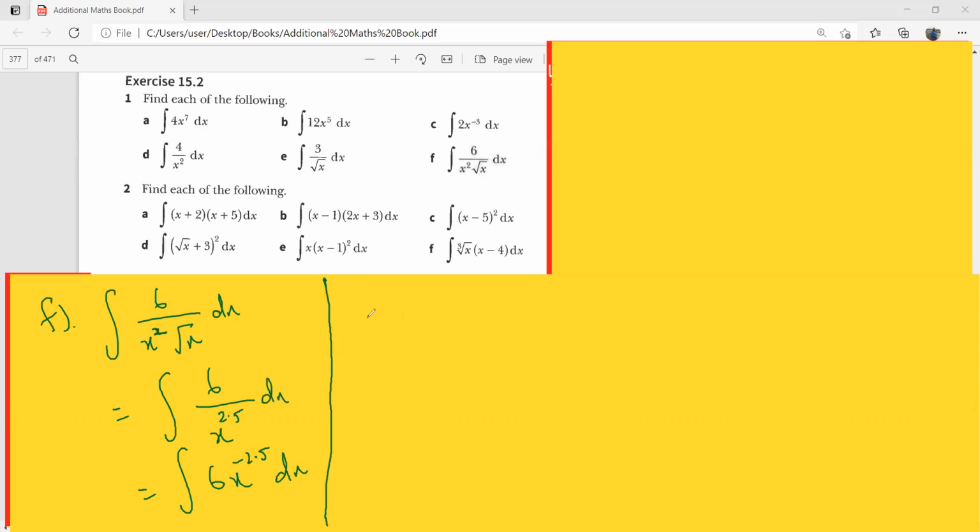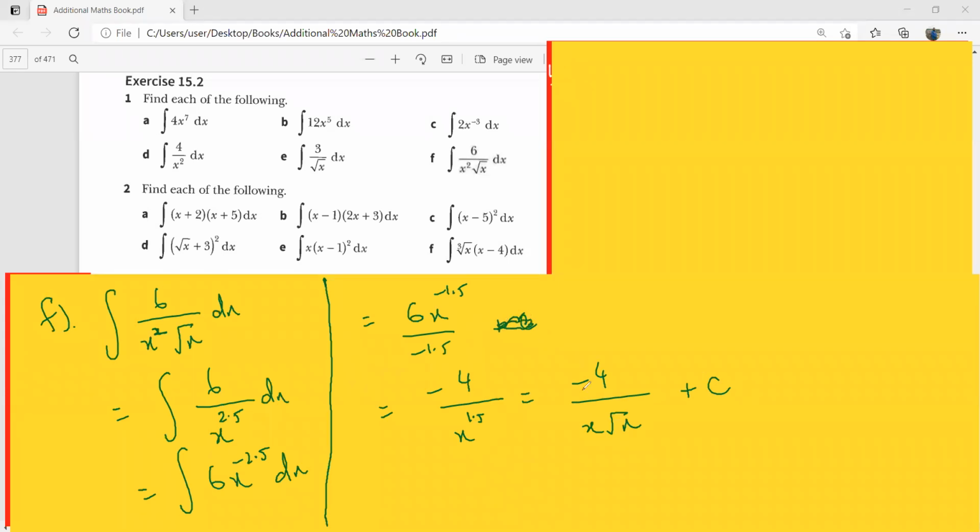Now this becomes 6x, and when you add 1 to minus 2.5, you have minus 1.5 over minus 1.5, plus c. And this is going to be minus 4 over x to the power 1.5, or the smarter ones can write it as x under root x as well. If you forget to write plus c here, you should remember to write c in the very last step. But you should write this because you might lose a mark if you don't write this plus c.